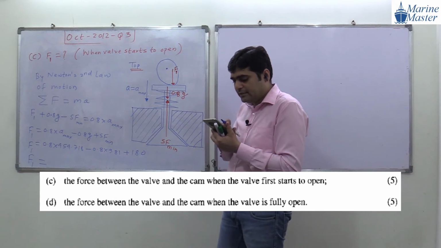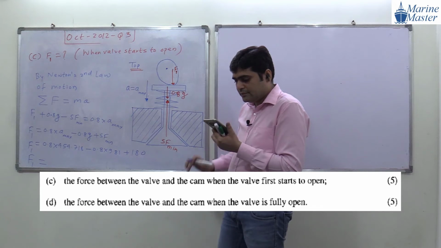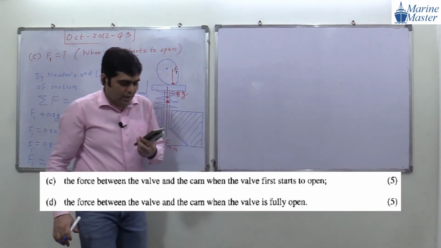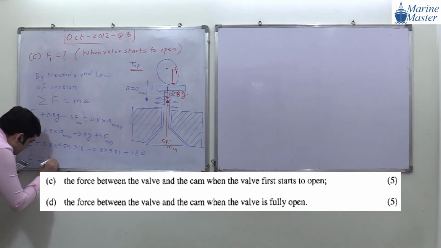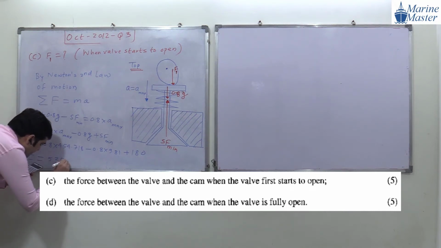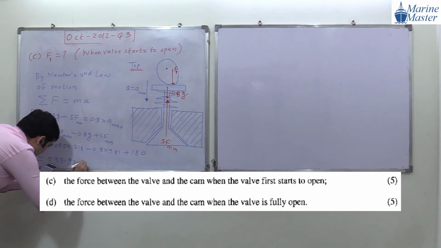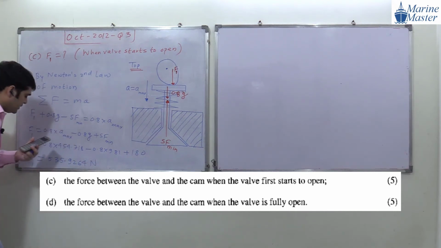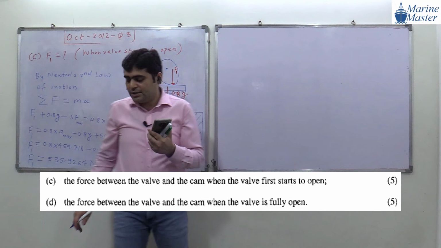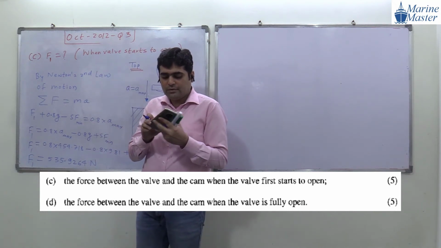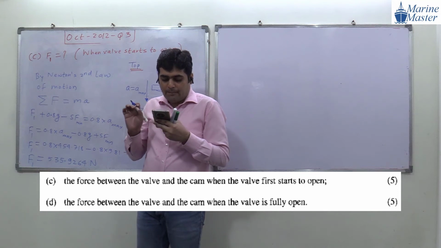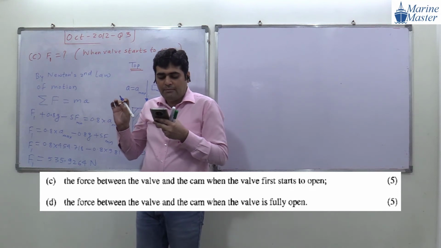How much value are we getting? 535.9264 Newton. So in this way we got F1, which is the answer of our C part, the force between the wall and the cam.